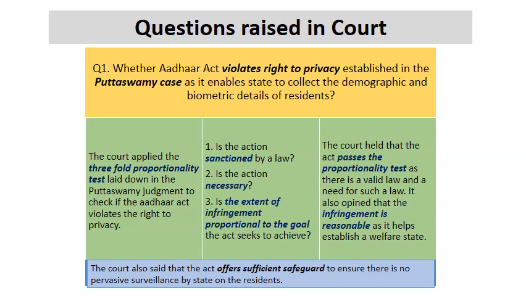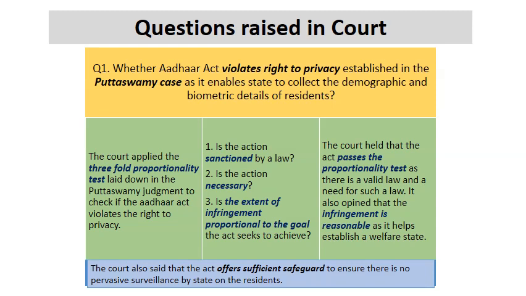Okay, so applying this proportionality test on the Aadhaar Act, the court held that this action is sanctioned by law, as the parliament has already legislated an act called the Aadhaar Act. Now, when discussing the need for such a legislation, the court went to inquire into the socio-economic condition of our country, as well as it saw the objective of our constitution to establish India into a welfare state.